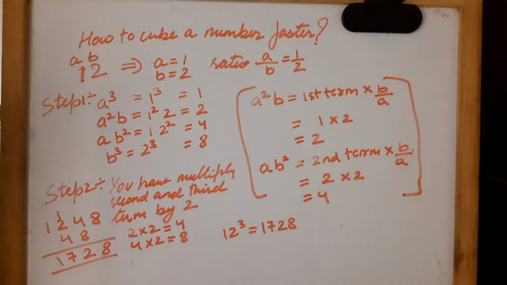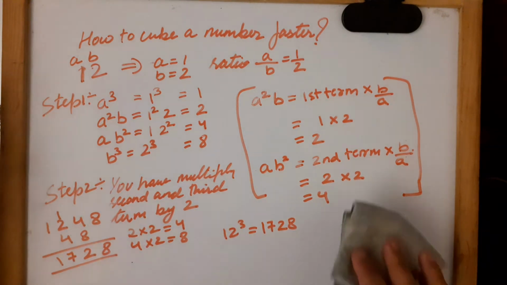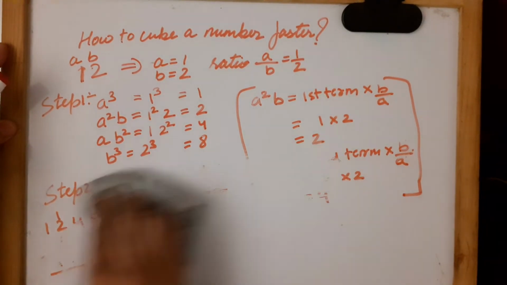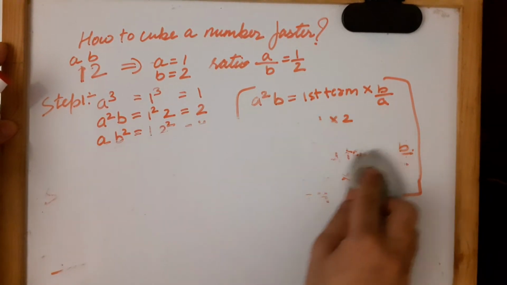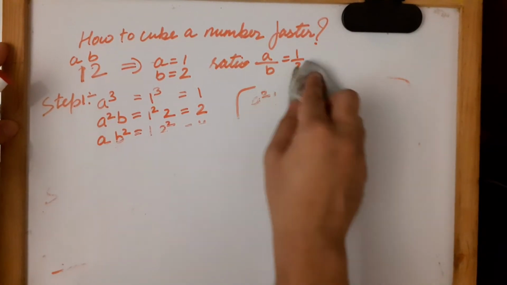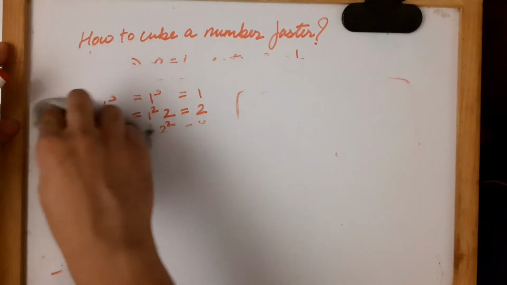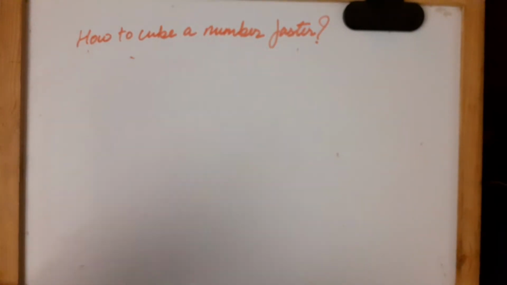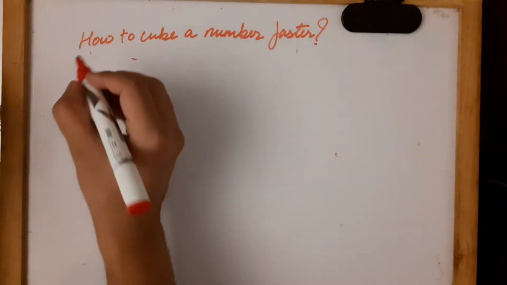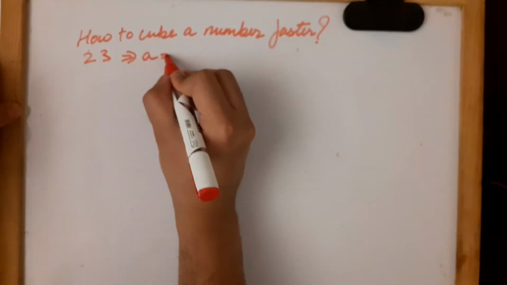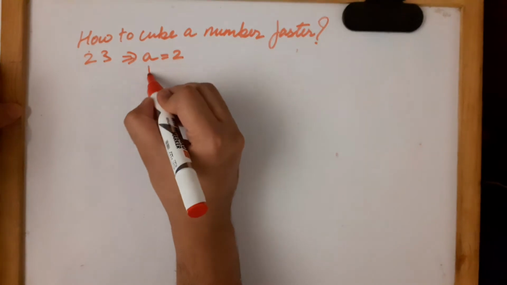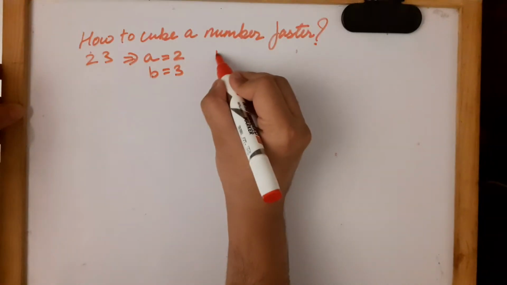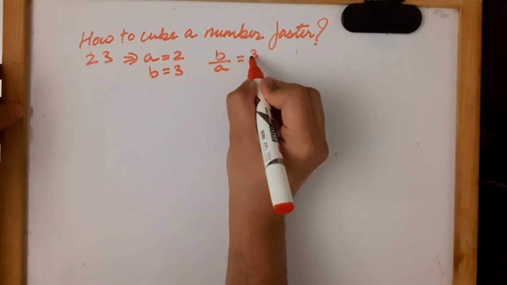Okay guys, now let us take another example for it. It will be more easy for you. Now let us take an example like 23. In this we are having a equals to 2 and b equals to 3, and b upon a is 3 upon 2.